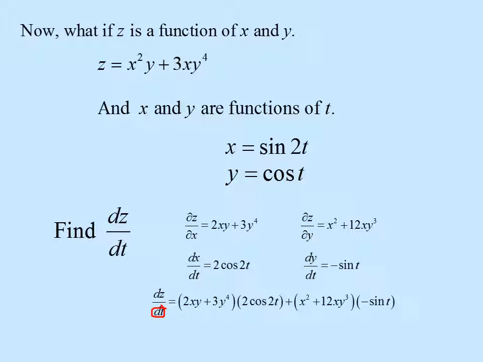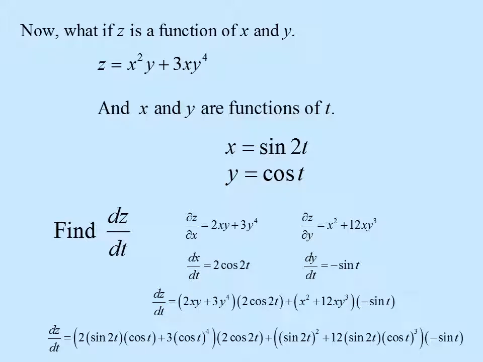So we need to take the x's that we have and replace them with sine 2t. We need to take the y's and replace them with cosine t. So that's our derivative.